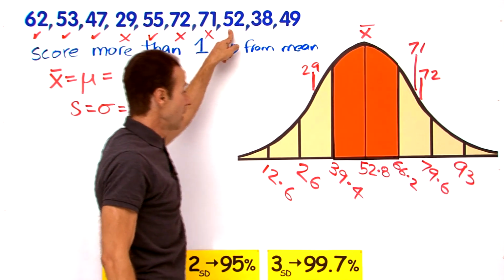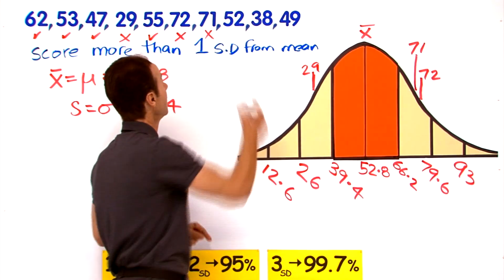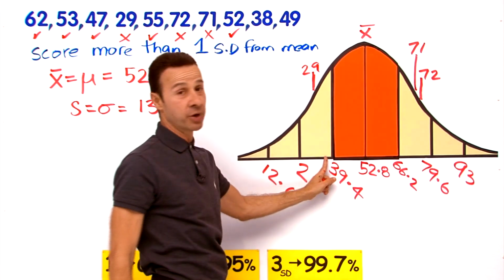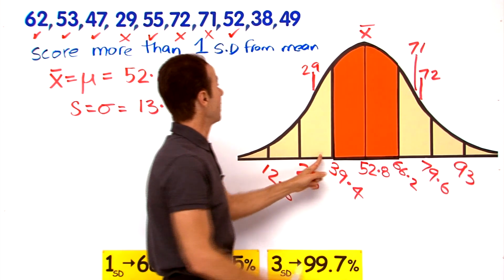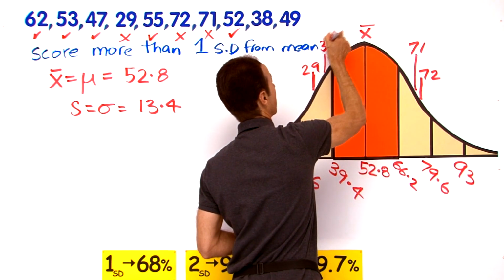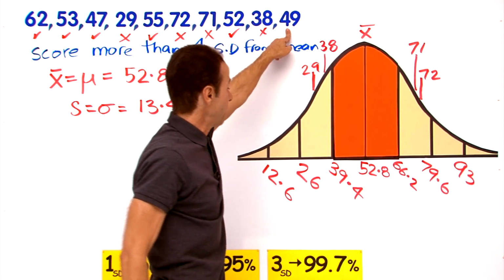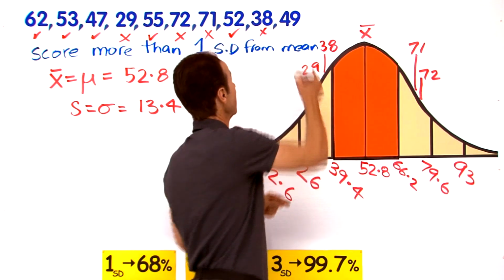We have 52. 52 is right here, so that stays. That's within one standard deviation. 38, where's 38? 38 is below 39.4, one standard deviation, so that's outside. So let's put that in, 38. Okay, 38 is outside. And 49 finally, 49, where's that? 49 is somewhere in there, so that stays, that's within.